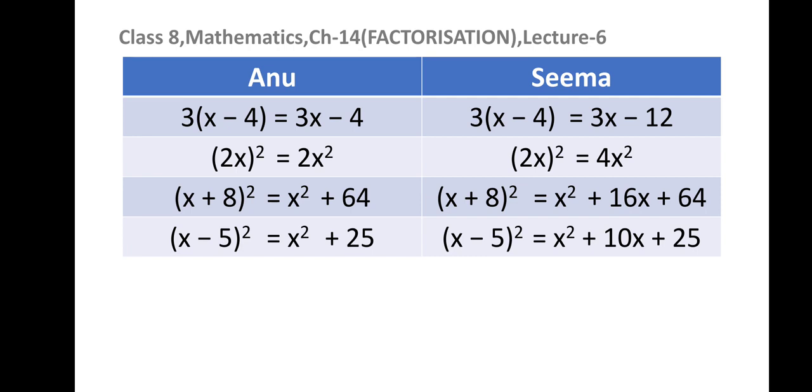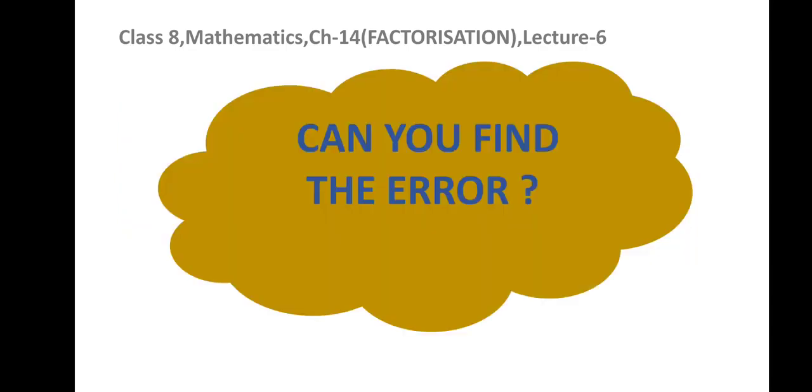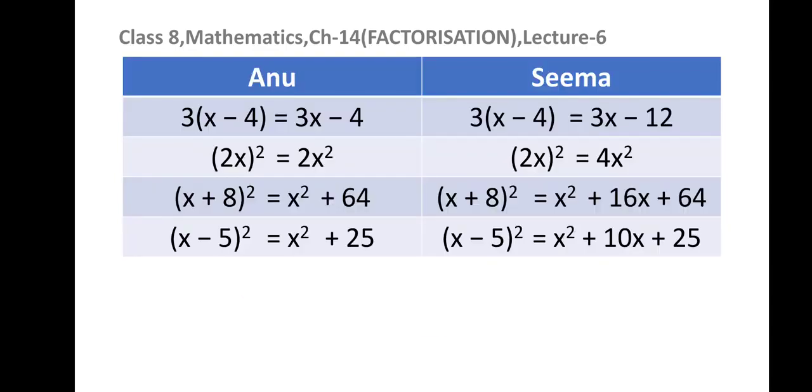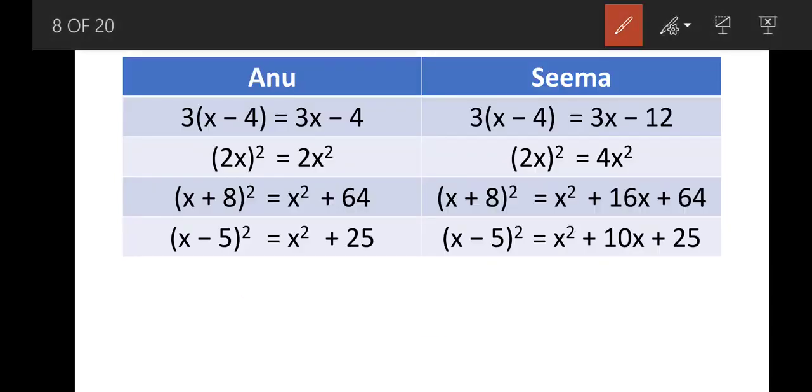One of the girls is Anu, and another girl is Seema. So I have written one expression, that is 3 into x minus 4. Anu has solved it. The answer according to Anu is 3x minus 4. But the answer according to Seema is 3x minus 12. So who is correct? Who is telling the correct answer? So let us see now who is telling the correct answer.